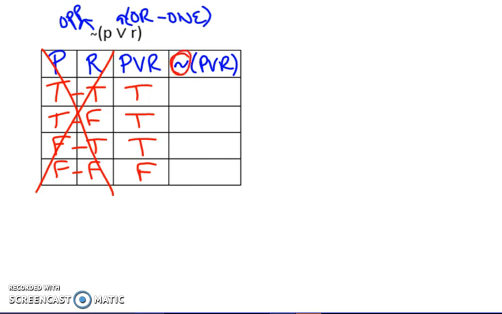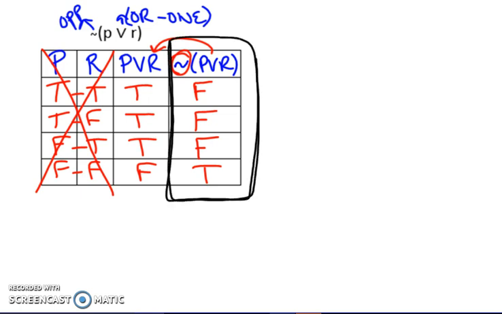So I'm going to take the opposite of what I already did in parentheses, which is this column. So the opposite of true is false. The opposite of true is false, false, and true. So your final answer column is your last column once you've performed all the operations on the truth table.